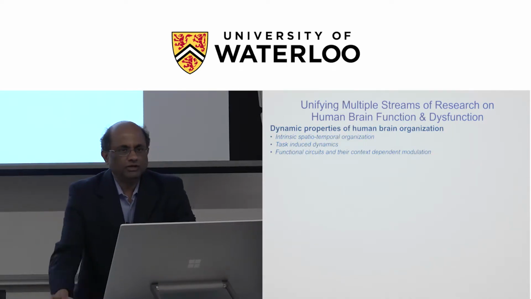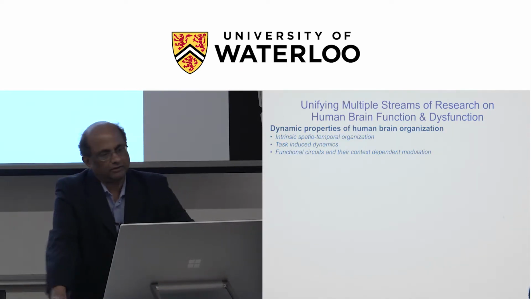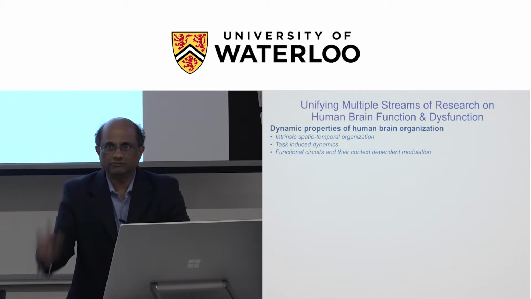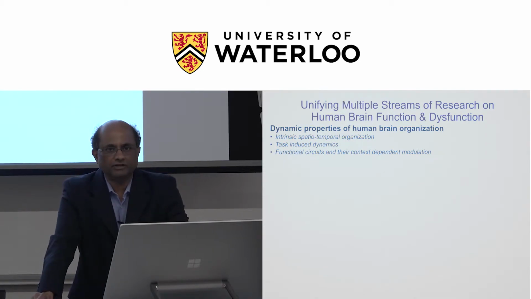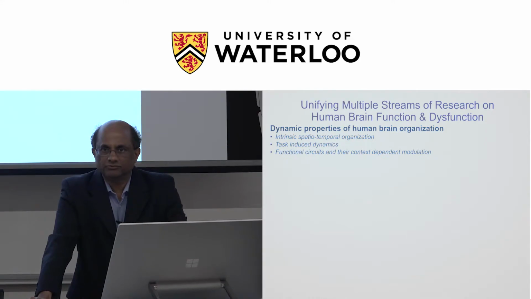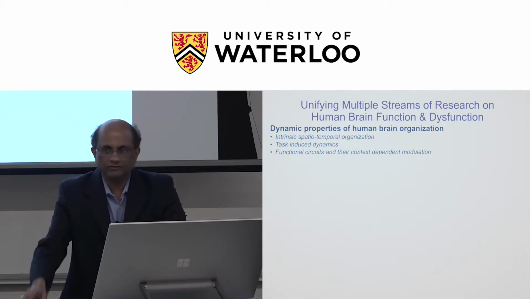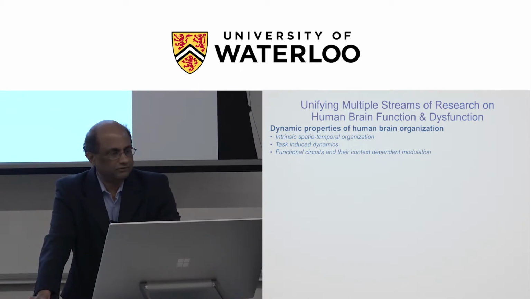And so what we are concerned with here is how we can understand the overall functional architecture of the human brain, its intrinsic spatiotemporal organization, with the tools and techniques that we have, limited as they may be in terms of both spatial and temporal resolution. How do we study task-induced dynamics in the context of these underlying intrinsic systems? And what are those functional circuits and how do they get modulated by context-dependent modulation?